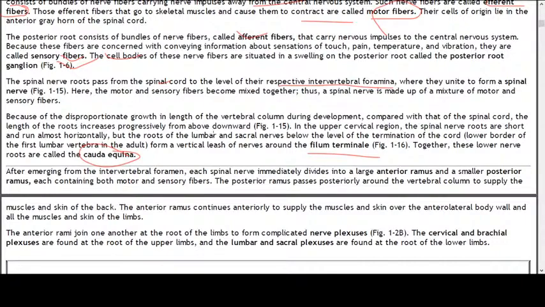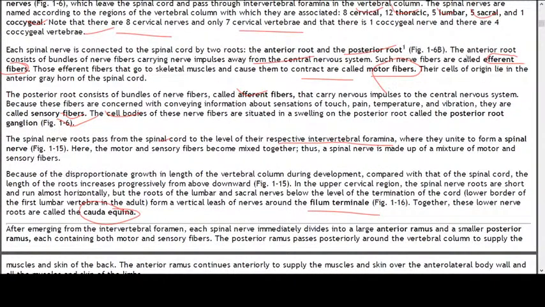There is a difference between motor fibers, efferent fibers, and the afferent fibers. Efferent fibers, okay.